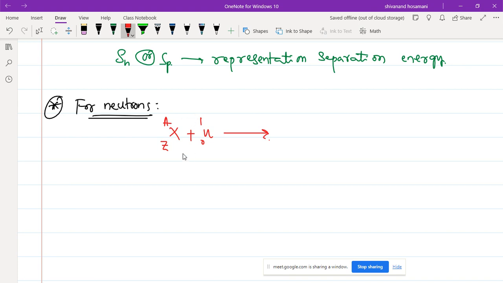Therefore, we rewrite the equation: if X is the element with atomic number Z and mass number A, when a nucleus captures a neutron, we get a new nucleus with atomic number Z and mass number A plus 1.